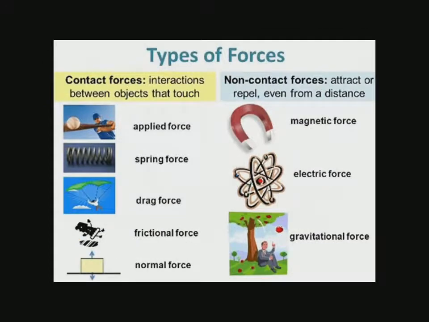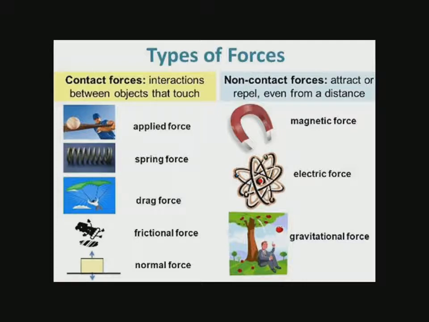Types of forces. There are two types of forces, contact forces and non-contact forces. In contact forces, there are interactions between objects that touch, and in non-contact forces, they attract or repel even from a distance.